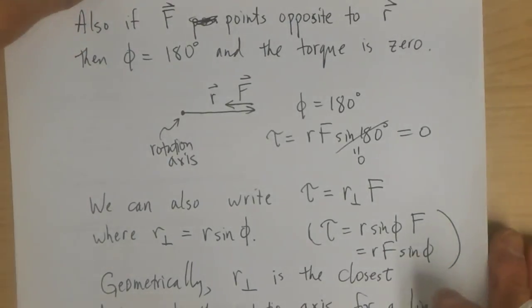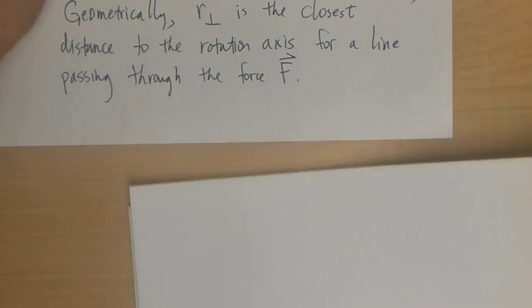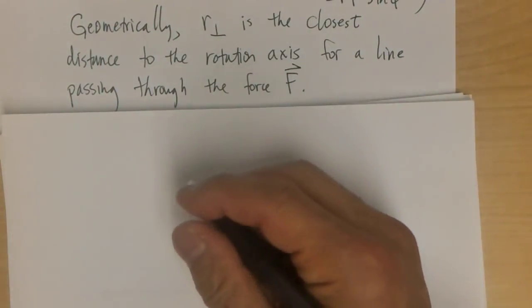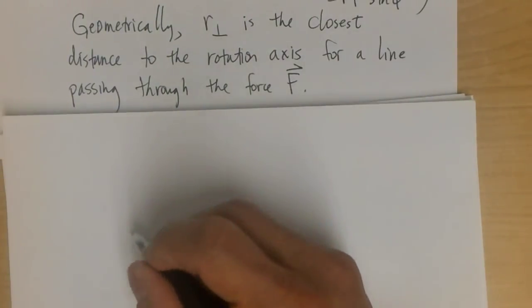I know that is a little hard to understand, but I'm going to draw a picture that clears it up. So, here's R, here's our rotation axis.